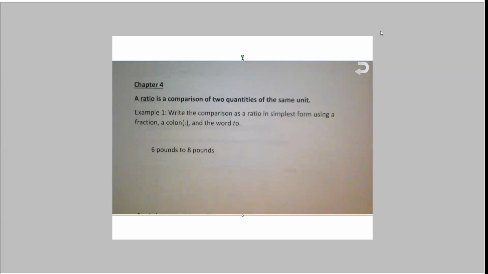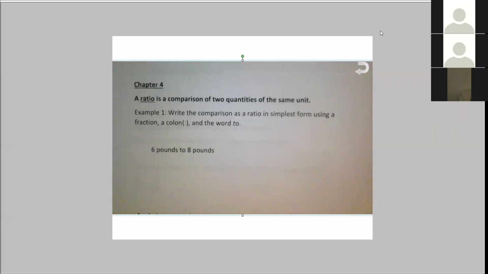A ratio is a comparison of two quantities that have the same unit. So in example 1, it says to write the comparison as a ratio in simplest form using a fraction, a colon, and the word to. There's actually 3 different ways to represent a ratio: a fraction, a colon, or using the word to.